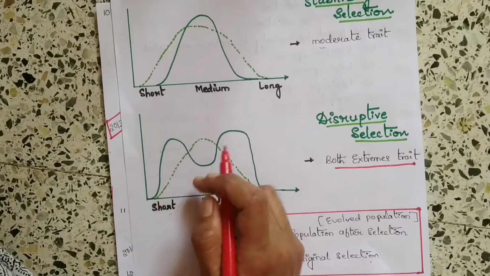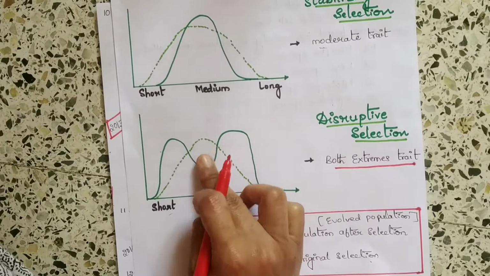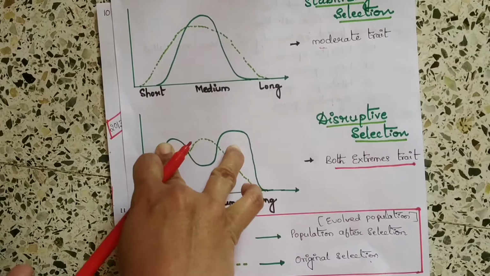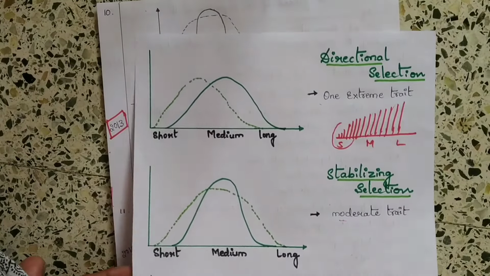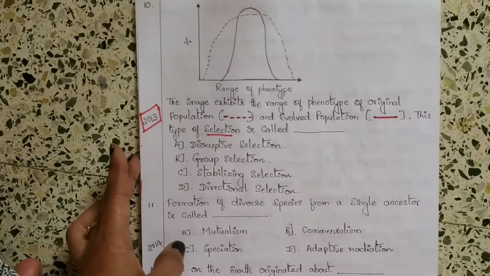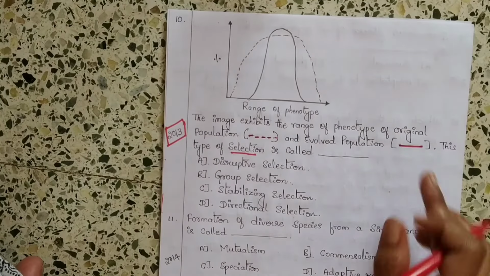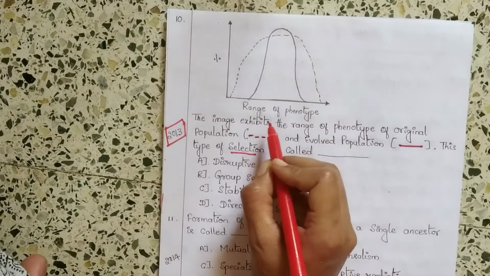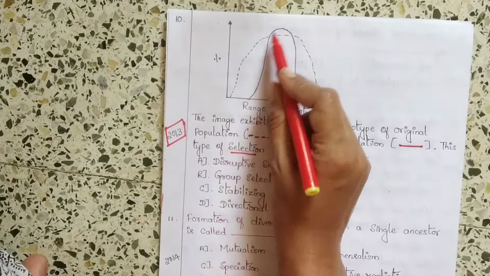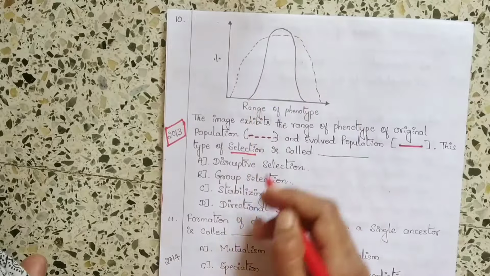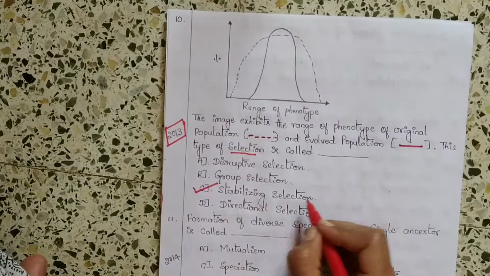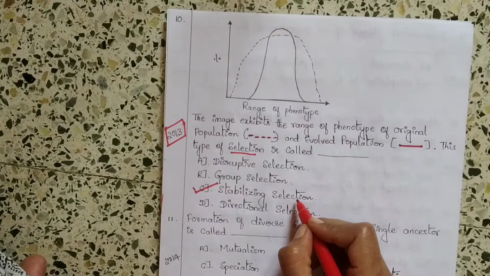You are excluding the medium but selecting both extremes, that is disruptive selection. Now let us solve this question. The diagram shows that from the original population, they are selecting the moderate trait. So the answer is C, stabilizing selection.